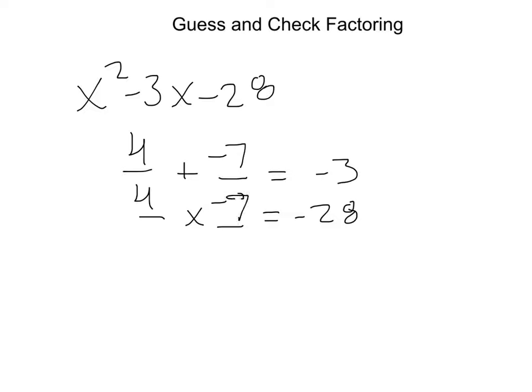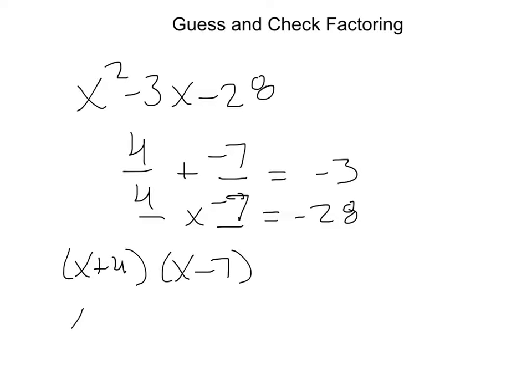And then of course the same for the next one. With this method you don't always have to write it out like this. This is just a good way to get started. Typically I would only use the guess and check for simpler problems. We're about to do one that'll be a little bit more difficult, but this one would probably be a good candidate for the guess and check, because now we just say we've got x plus 4, x minus 7.